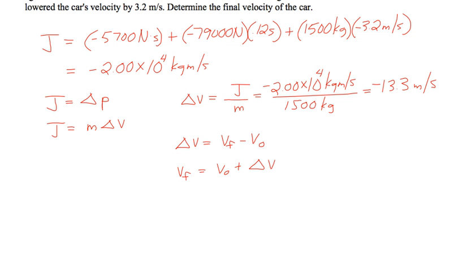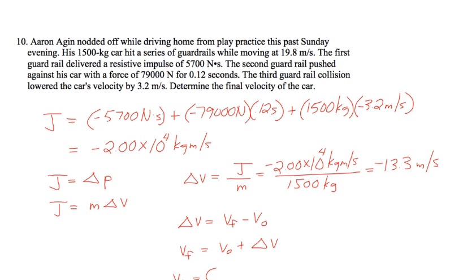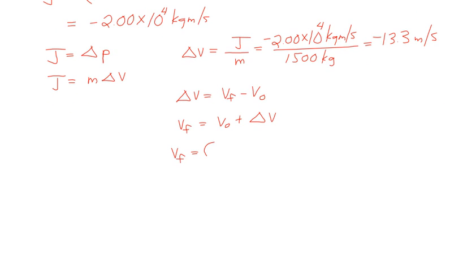So the final velocity is going to be the original velocity, which was, what was it? The original velocity was 19.8. So it's going to be 19.8 meters per second plus the change in velocity, negative 13.3 meters per second.